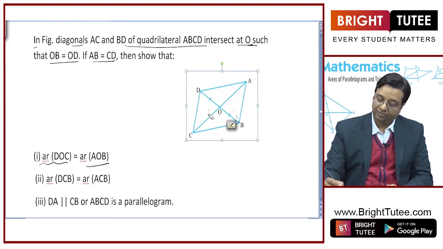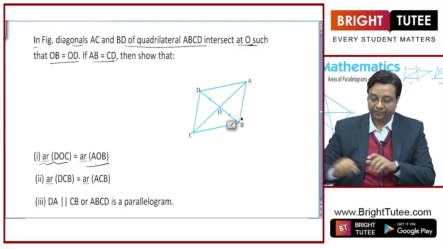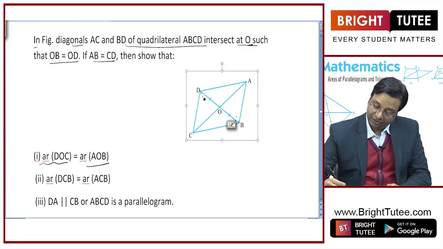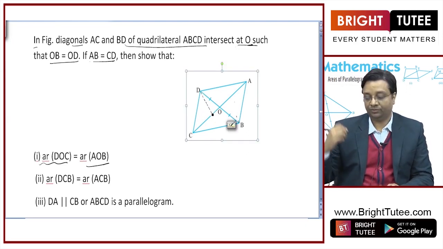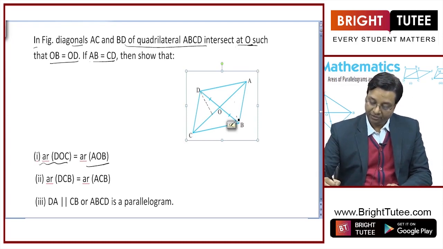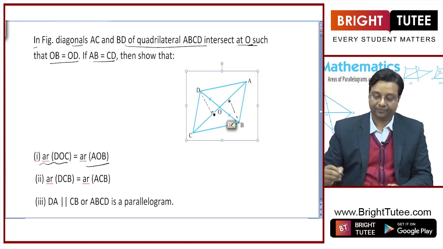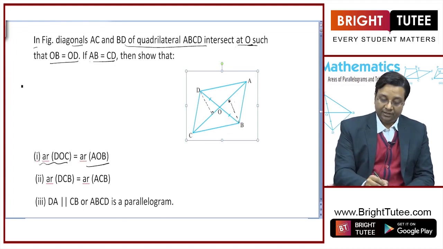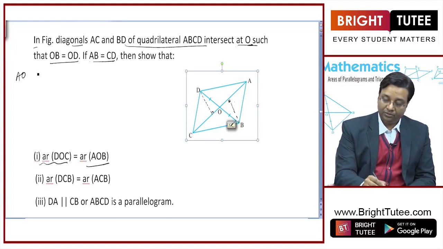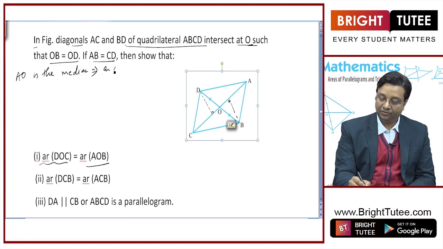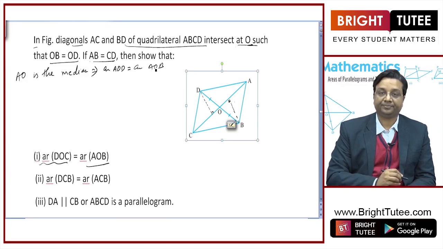So if I draw perpendiculars, let me drop a perpendicular from D to side OC and from B to side OA, right? See, AO is the median, hence area of triangle AOD is equal to area of triangle AOB.